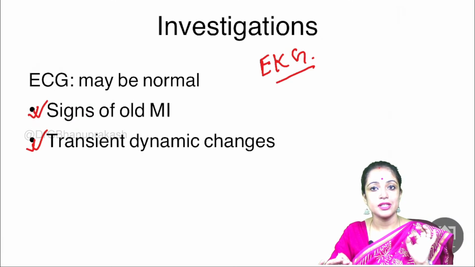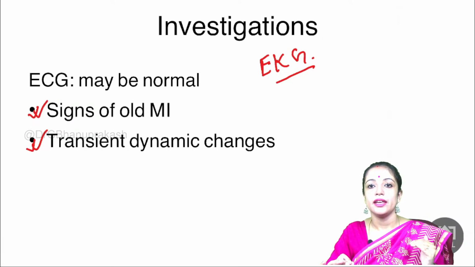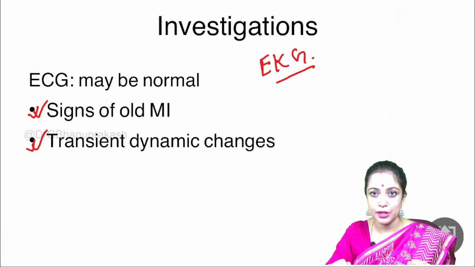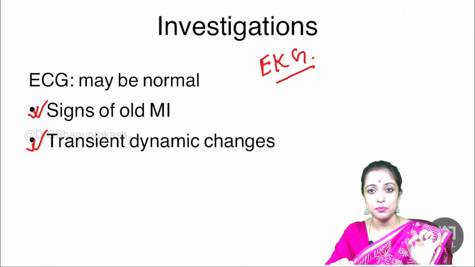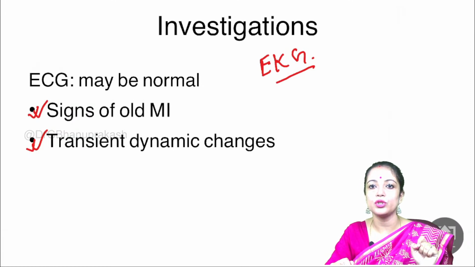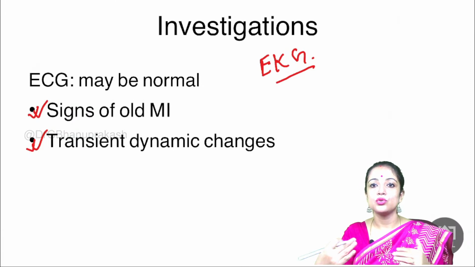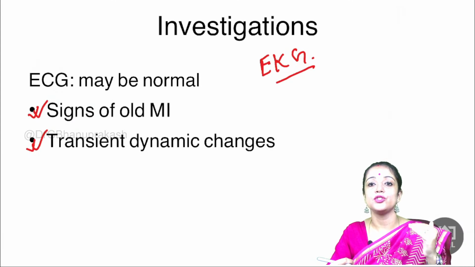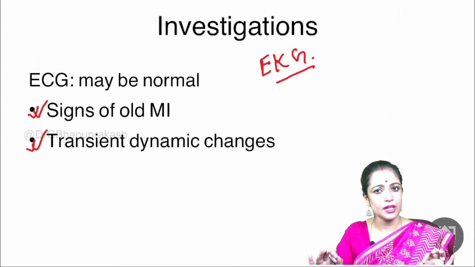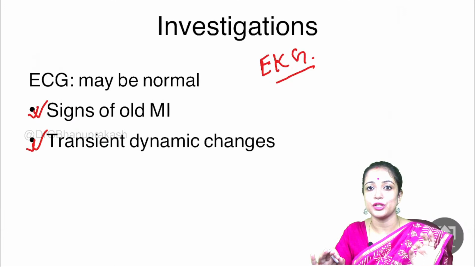Transient dynamic changes, for example, there may be transient ST-T changes. So elevation of the ST-T segment may be there. Transient, that means only during the episode there are changes, and as soon as the episode subsides, the ECG changes also subside. That is very typical and very important.